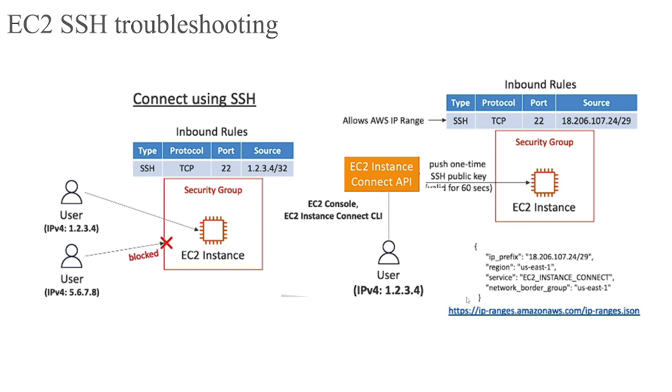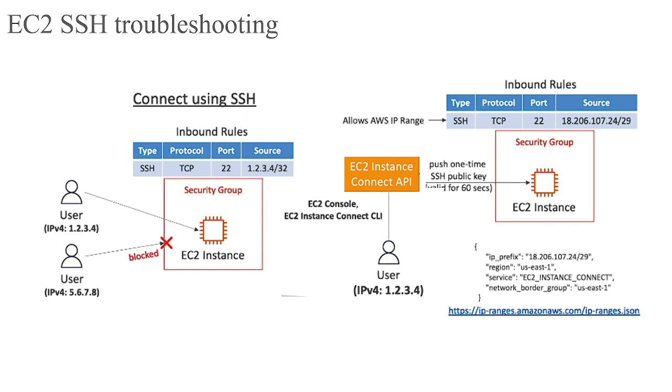Suppose you are a user whose IPv4 is 1.2.3.4 connecting via the API; it will give you a one-time SSH public key which is valid for 60 seconds to connect to your EC2 instance.